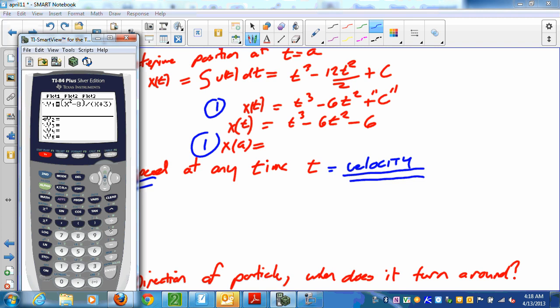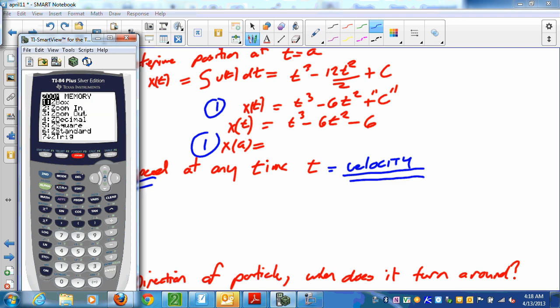So we have 3x squared minus 12x, and we need to look at this function.